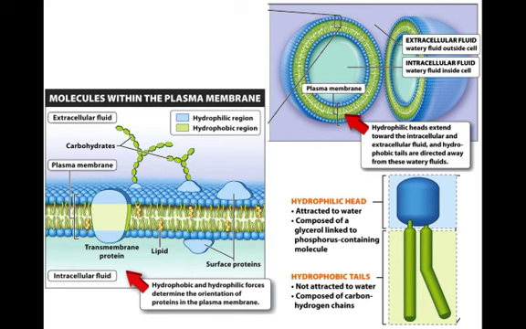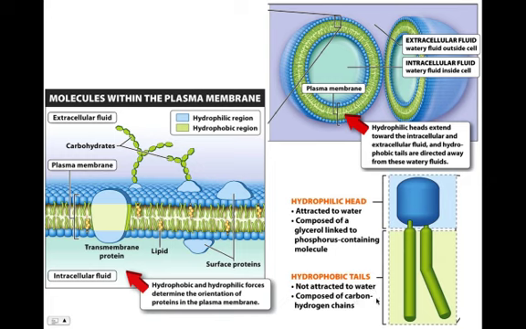So here we can take another look, a different picture from your text, at our plasma membrane. You can see our phospholipids, and as a reminder, our hydrophilic head, which is attracted to water, is composed of our glycerol backbone and our phosphorus-containing molecule, and our hydrophobic tails are not attracted to water and are composed of our hydrocarbons, or the carbon-hydrogen chains.